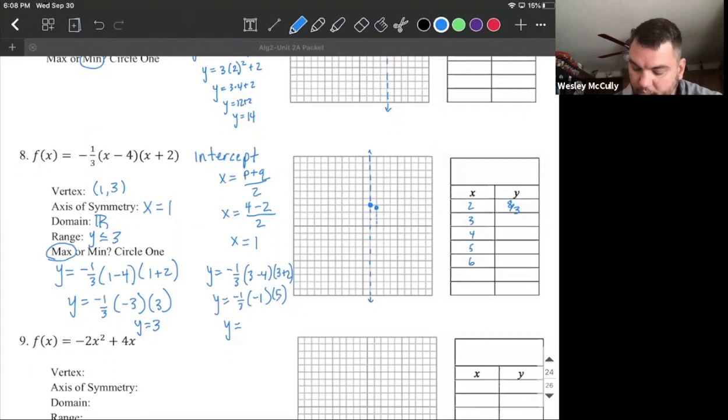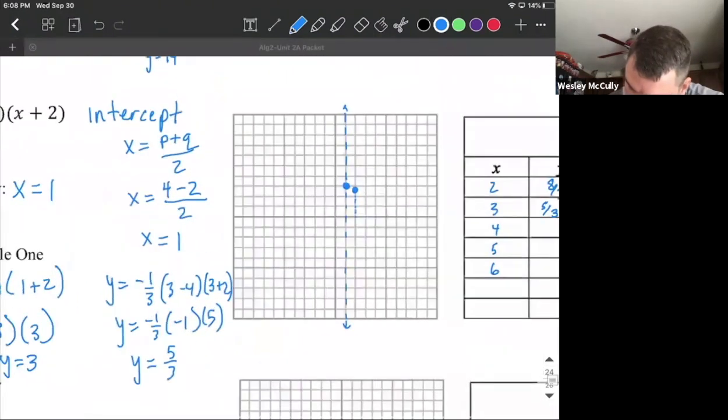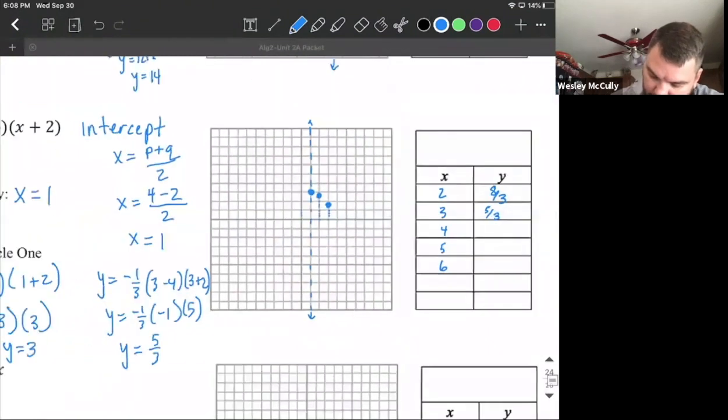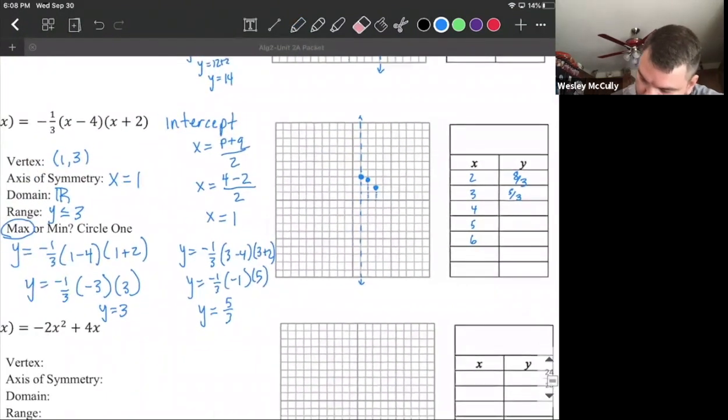And -1 times 5 is -5. And then -5 times -1/3 is +5/3. Okay, so from the origin, I go 3, 1, 2, 3, and then up 5/3, 1, 2, 3, 4, 5. Okay, now I'm going to do 4.